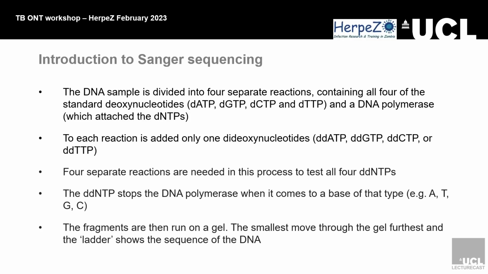The shorter fragments will obviously migrate further, and the larger fragments will migrate less. So you get a sequence of ddNTPs that goes from 1 base pair to however many base pairs you're looking at, say 1,000 base pair fragments, right? And those ddNTPs will let you know exactly what was incorporated at each of the steps.